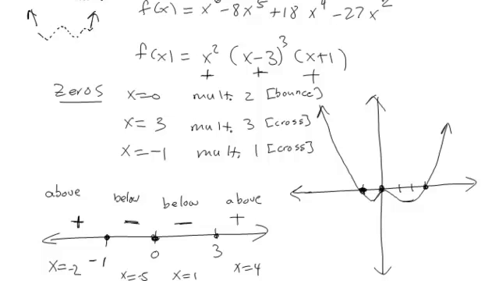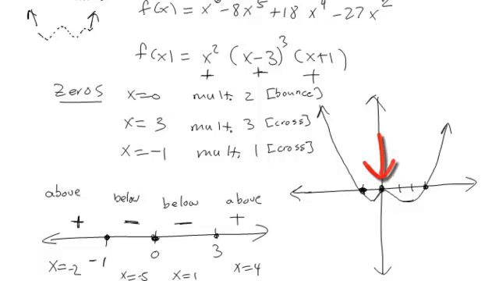So what does it mean to bounce? Whatever the sign is before, it's going to have the same sign right after. Notice here at 0, between -1 and 0 was negative. So if it bounces, then after it's also going to be negative, which was the case here. As you see with the graph, it bounced right off of that 0. But everywhere else it crossed, meaning it's going to change signs.